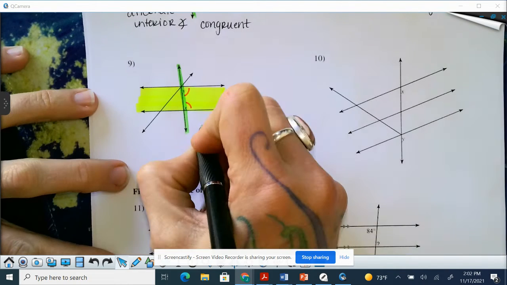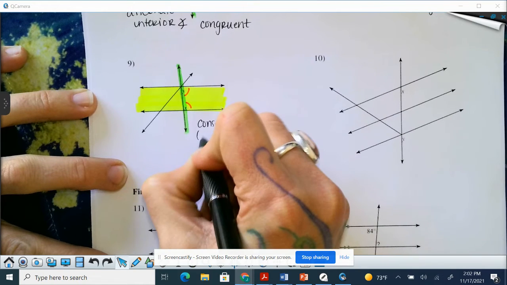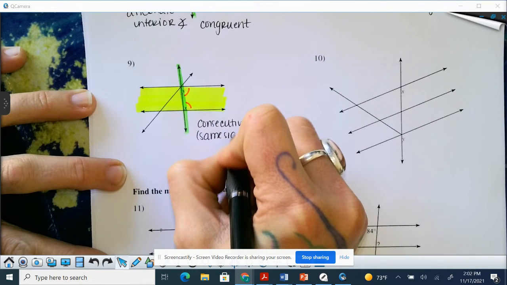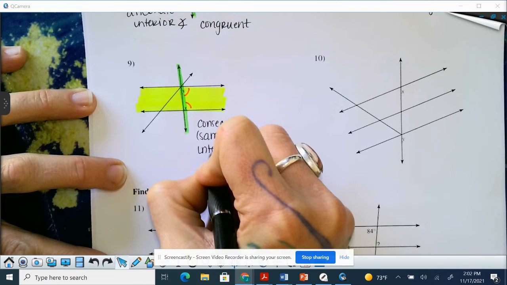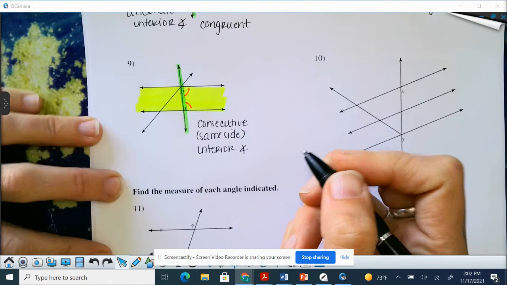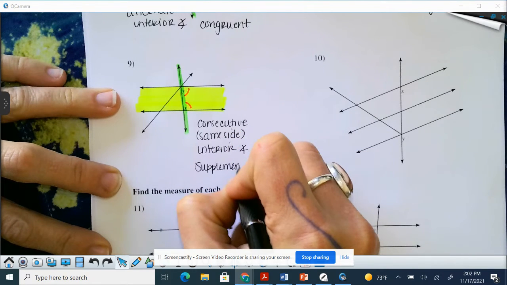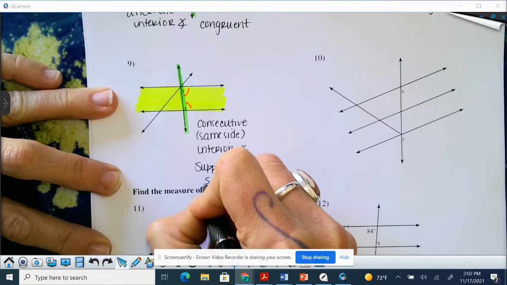Same side interior. So consecutive, otherwise known as same side interior, because they're inside the two parallel lines. And those are not congruent. They are supplementary, which means their sum equals 180.